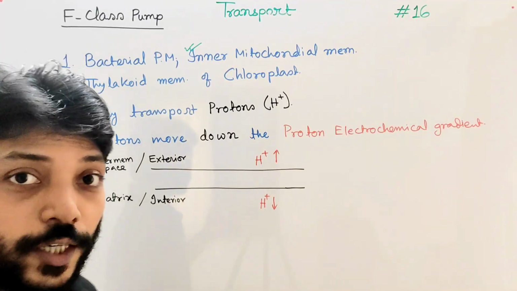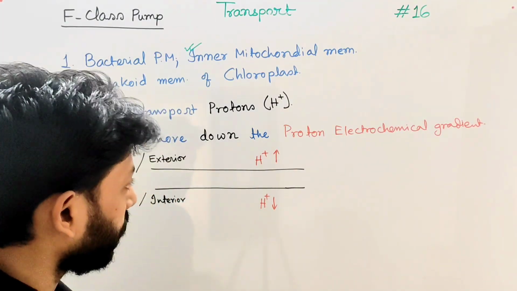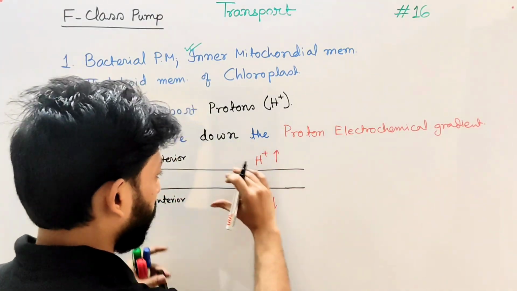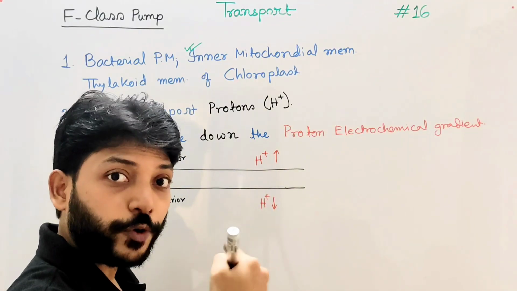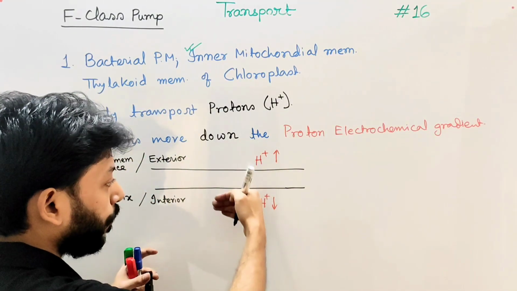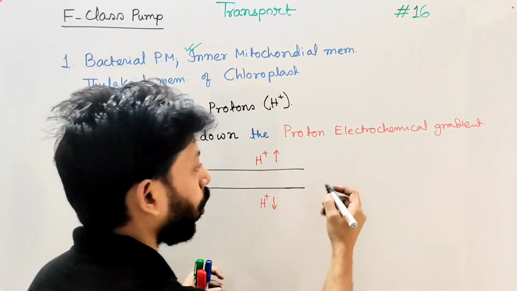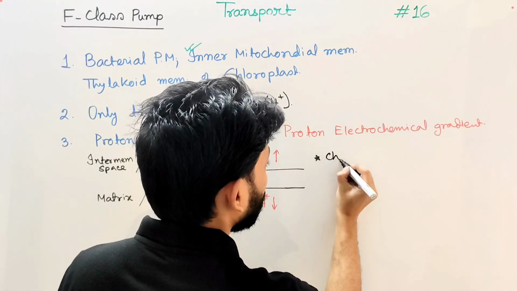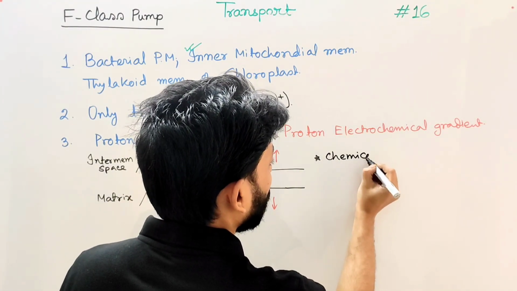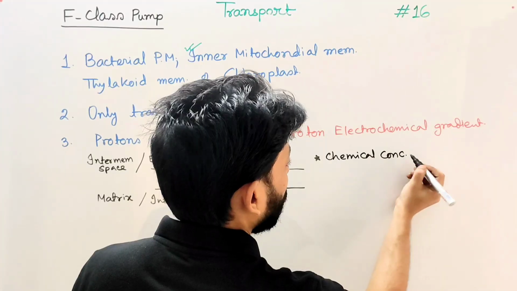Now this is called the concentration gradient. We call this difference in the proton concentration in different portions of the membrane the chemical concentration gradient.